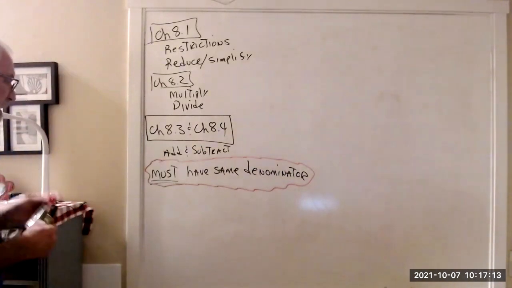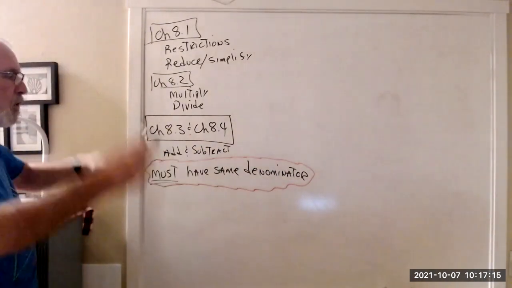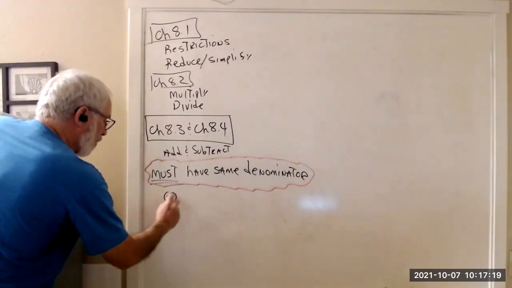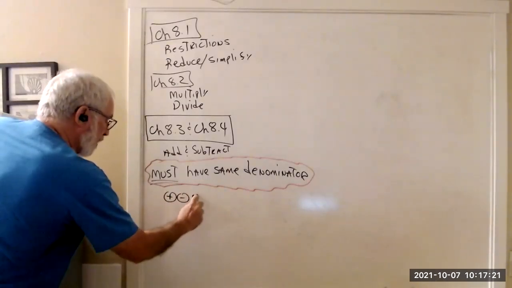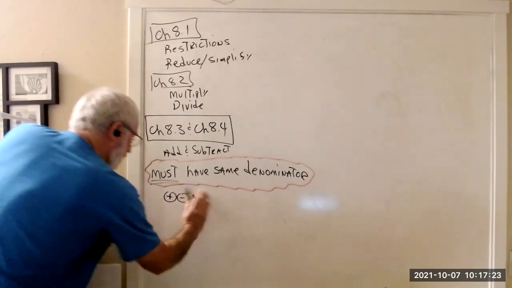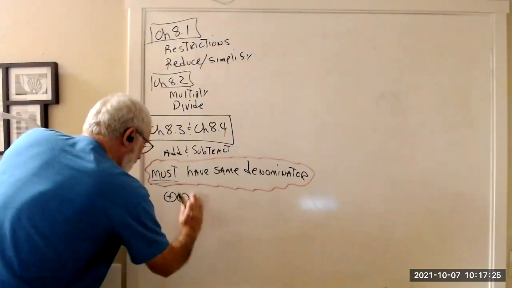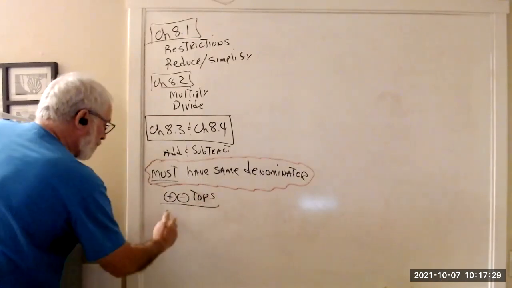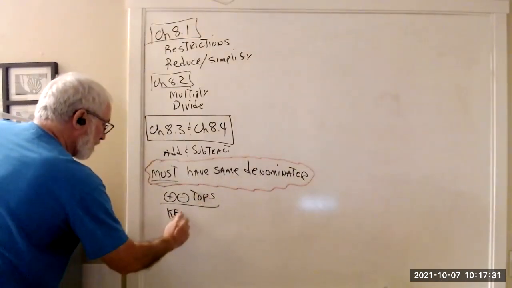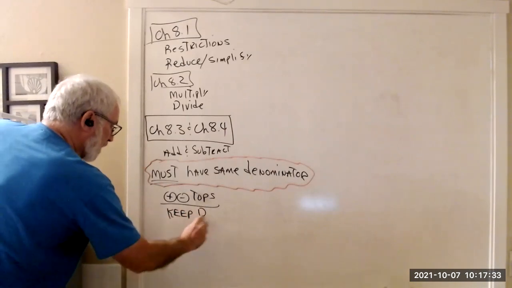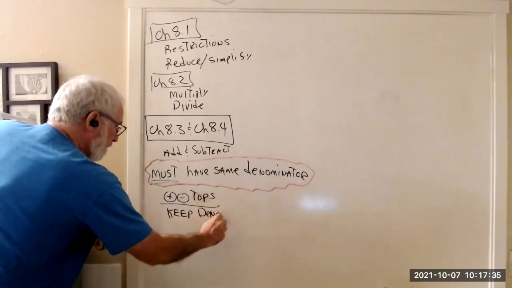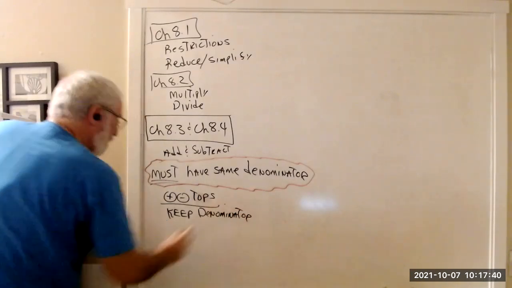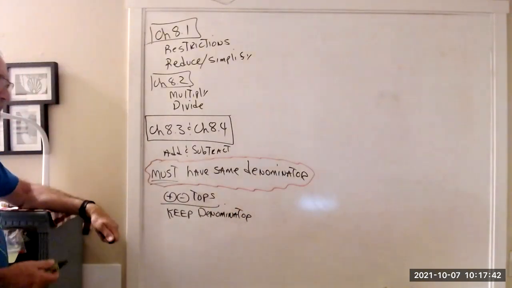Well, we'll talk about that in just a moment. And then when you do it, the basic thing is you either add or subtract the numerators. I'm going to say the tops together, and you keep the denominator. That was the fundamental rule.